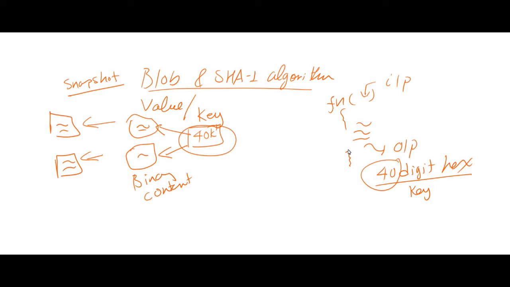What this snapshot does is it saves this within the .git folder. And in case, for instance, we lose one file, it allows us to recreate the original file from this binary content, which is referred to using this 40-digit hexadecimal value.